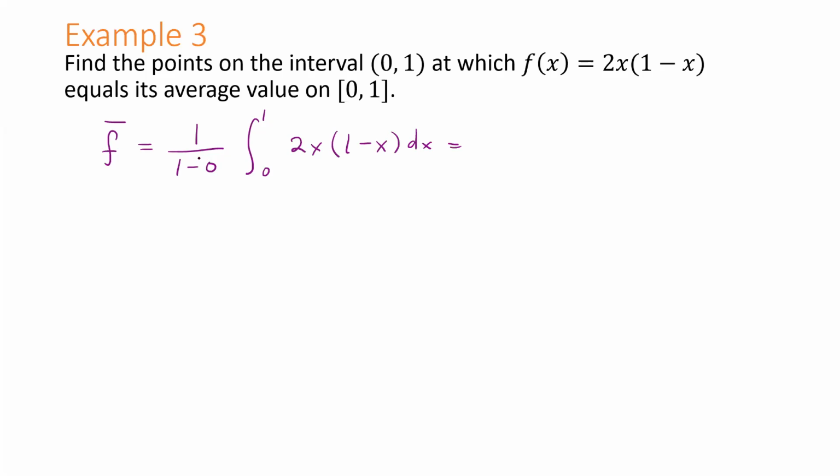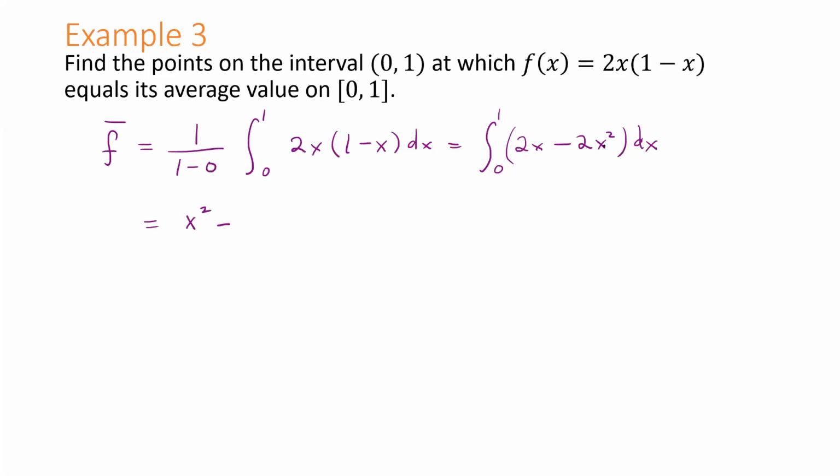This one is just 1 over 1, so that's not changing anything. Integral from 0 to 1 of 2x minus 2x squared, which when we integrate, 2x becomes 2 times x squared over 2, so it's just x squared.